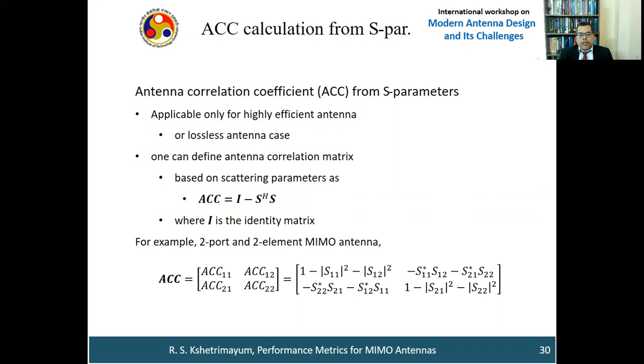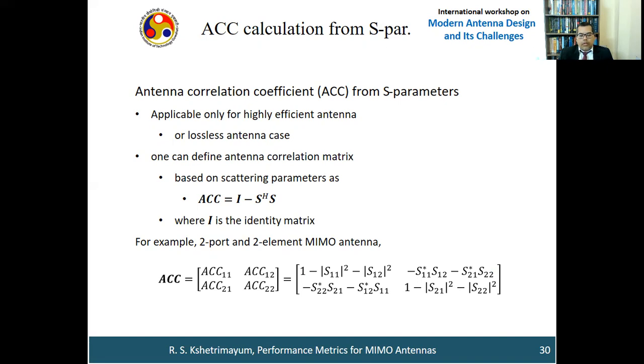You can easily find the scattering parameters of a MIMO antenna by making measurements in the lab, and from there you can find the antenna correlation coefficient. But when we derive this antenna correlation coefficient relation, one main assumption is that it's a lossless antenna. So this formula is applicable only for lossless antennas.